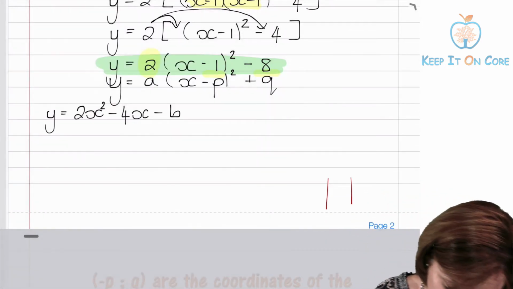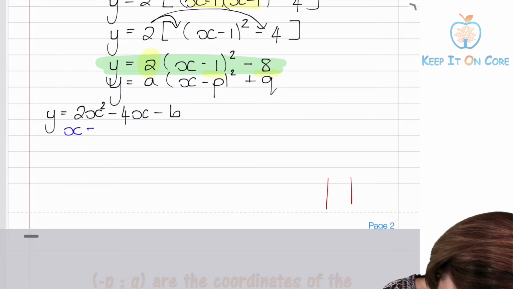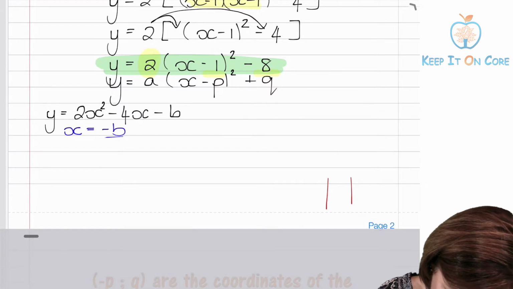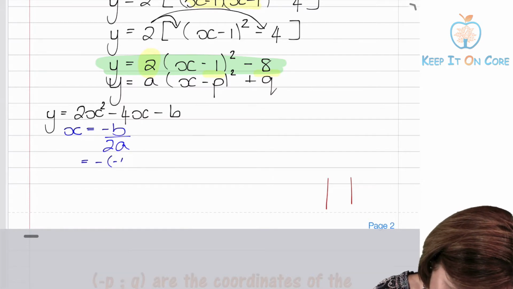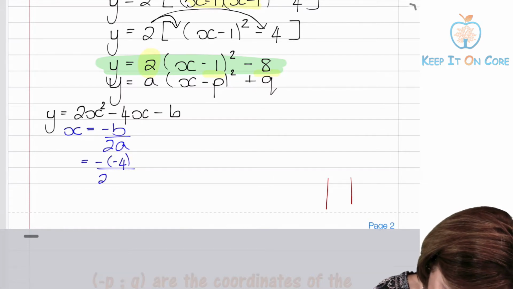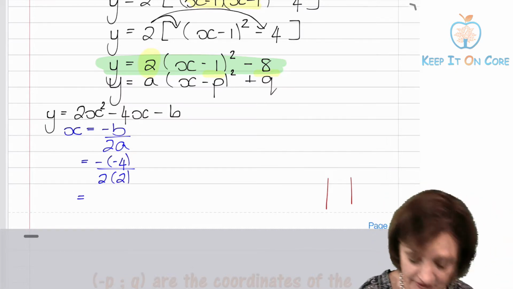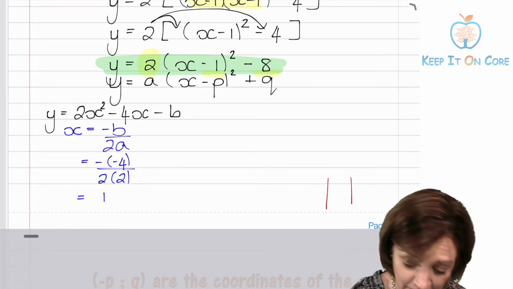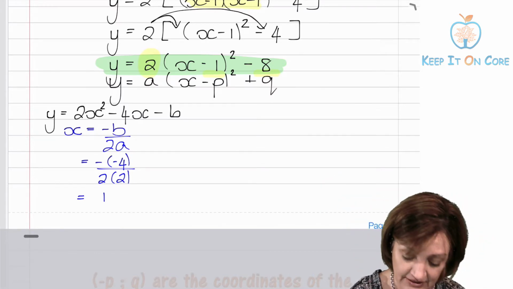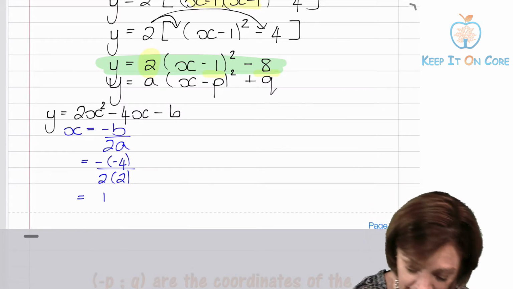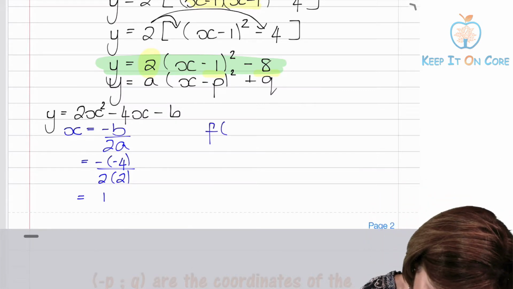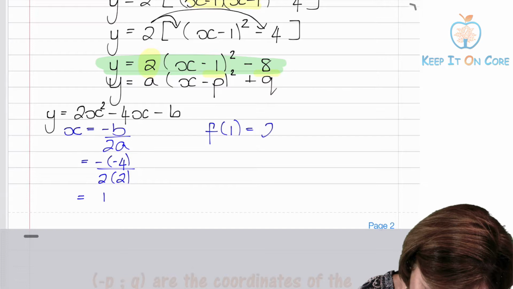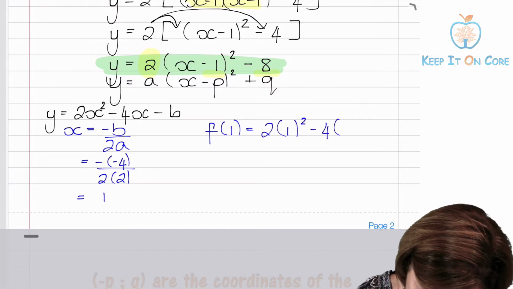So I'm going to do it in blue. I'm going to work out the axis of symmetry of this graph, which was negative b over 2a. Remember that formula? So negative b, which is negative 4 over 2a, is landing up giving me a positive 4 over a positive 4, which in fact is 1, all right? And in order to then determine the coordinates of the turning point, I'm then going to substitute that value of 1 into the x's of your original equation, all right?